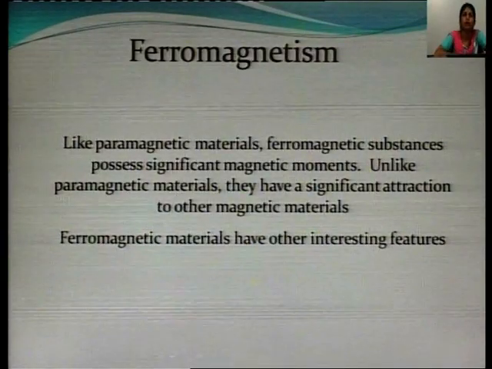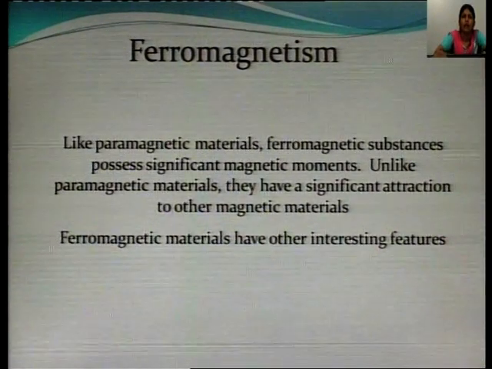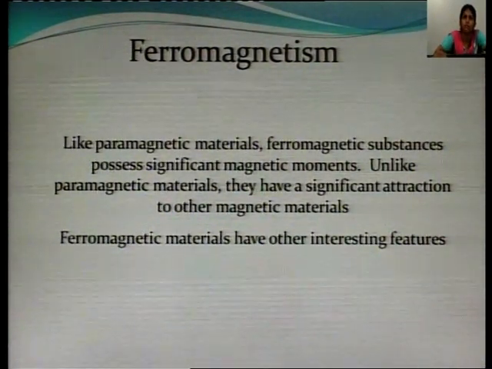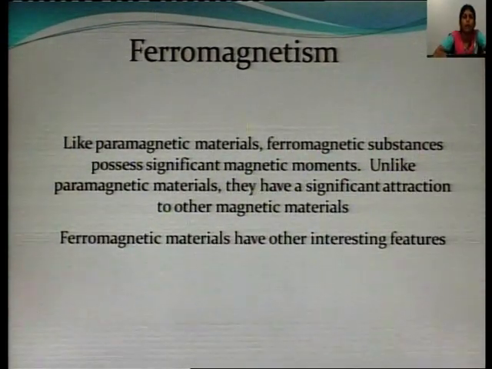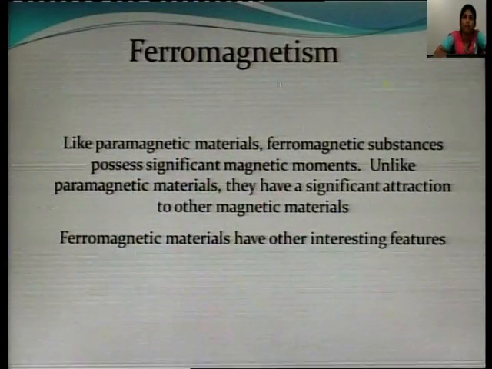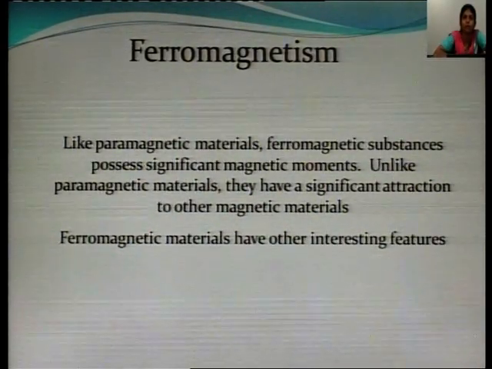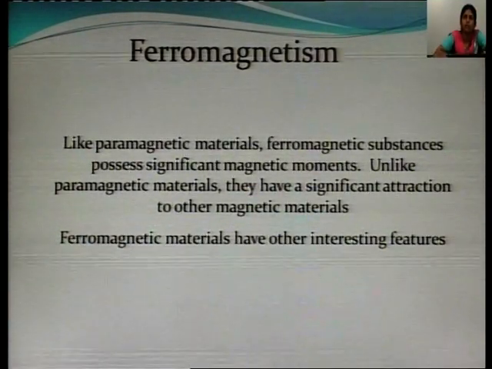And the third is ferromagnetic materials. So like paramagnetic materials, ferromagnetic substances possess significant magnetic moments. Unlike paramagnetic materials, they have a significant attraction to other magnetic materials. The ferromagnetic materials have other interesting features.